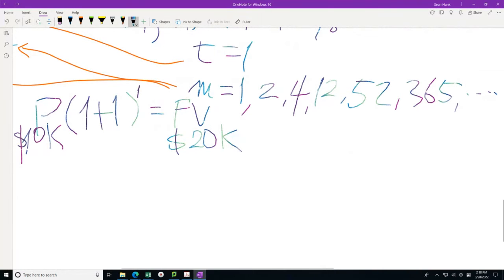Let's try increasing our M. You've probably been thinking the maximum M can go to is 365. No, actually, there's no limit. Theoretically, compounding can happen every hour, every minute, every second, even by nanosecond.